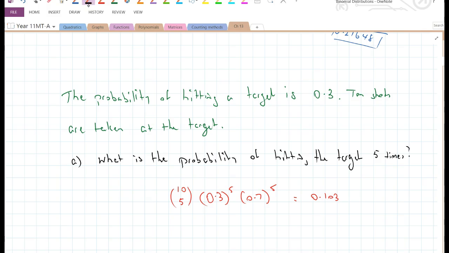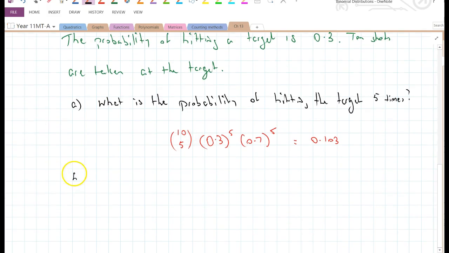B, what is the probability? And this is perhaps a more interesting question, because exactly 5, I mean, really, are we that interested in exactly 5? Maybe we're interested in at least 5. So we're going to hit the target at least 5 times.